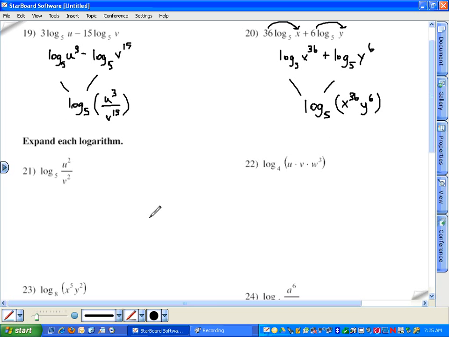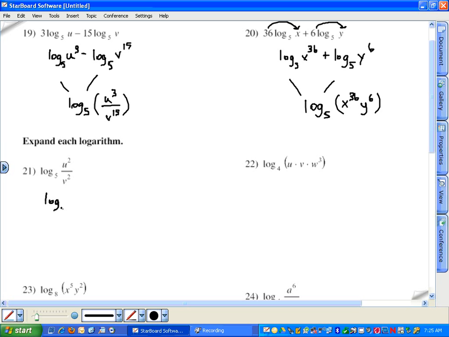Expanding is the exact opposite. We're not going to start with the power property. That's only with condensing. With expanding, we start by either expanding the quotient, or in this case, over here in 22, expanding the product. So since this forms a quotient, we're going to expand this using a subtraction sign between the two logarithms.